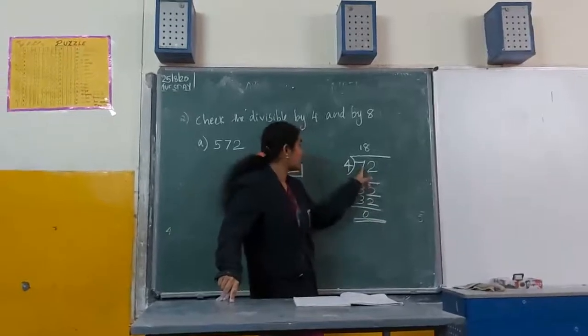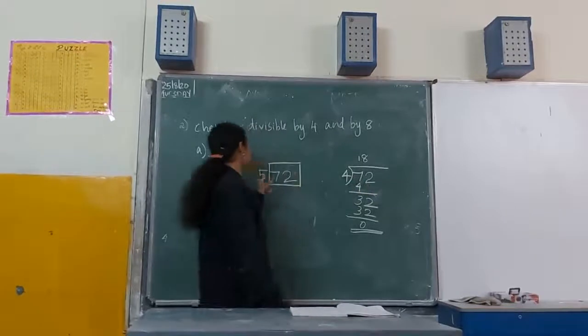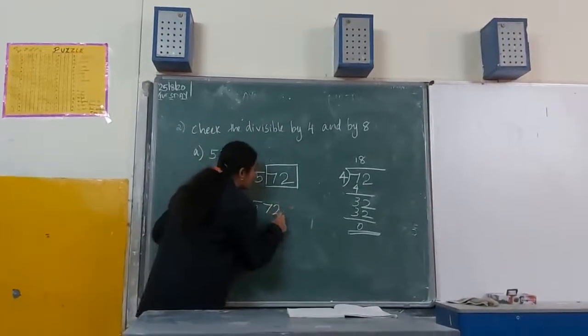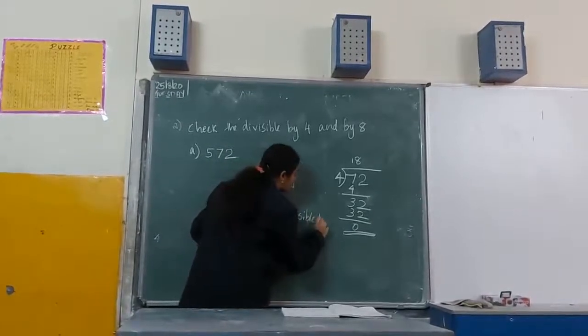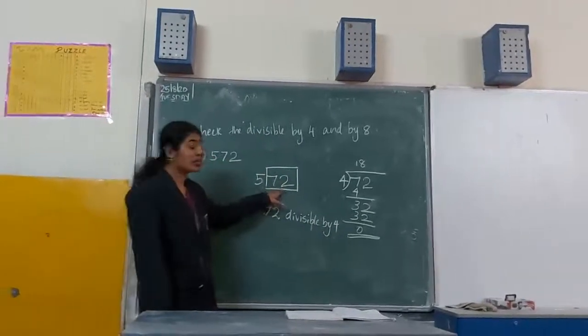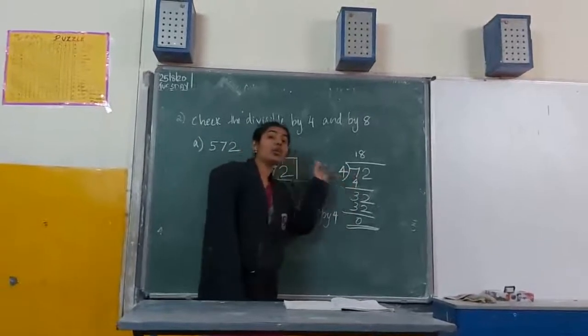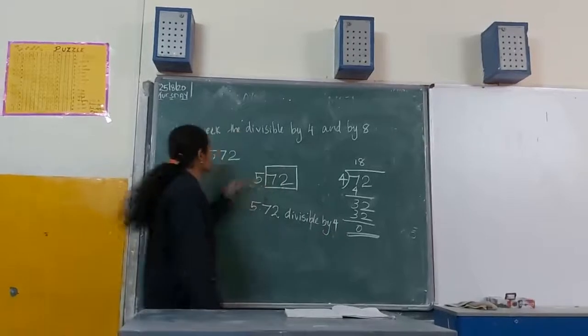So we can say 72 is divisible by 4. 72 is divisible by 4 means the given number 572 is also divisible by 4. So how to check the divisibility by 4? See the last two digits of the number. If it is divisible by 4, we can say the given number also is divisible by 4.